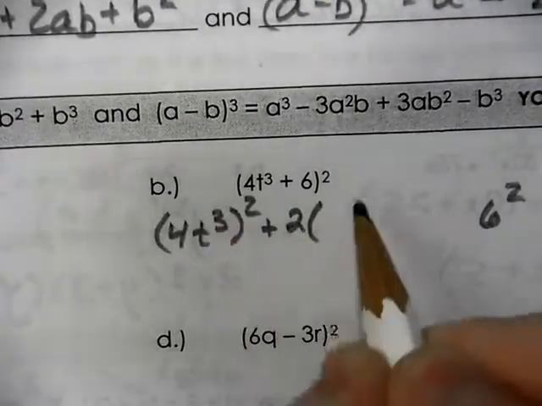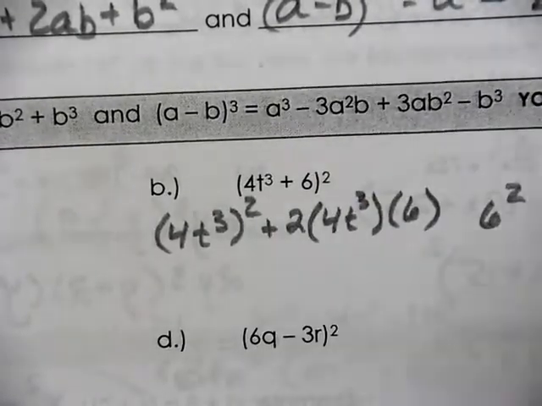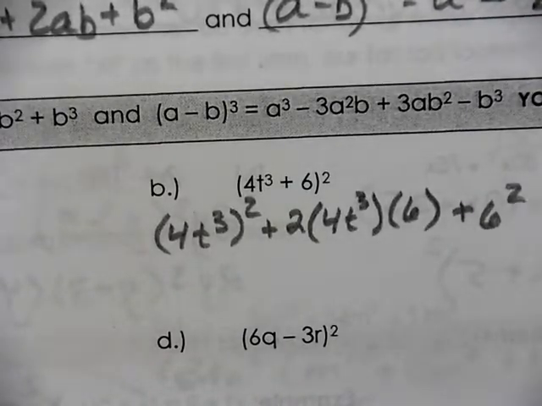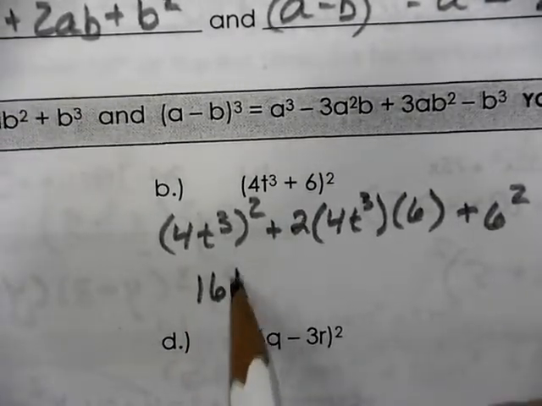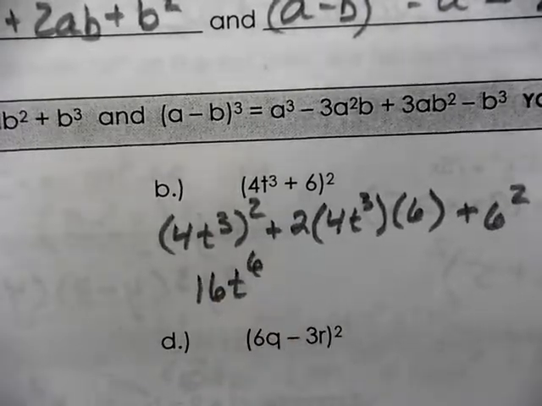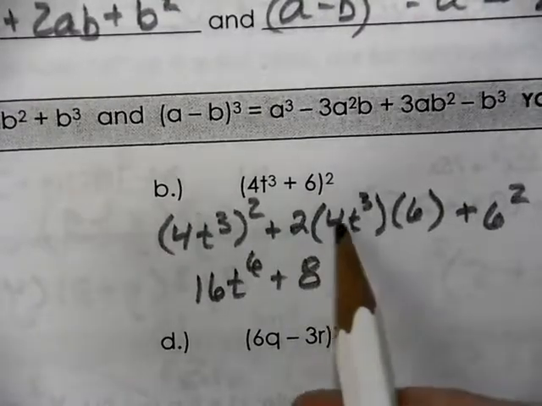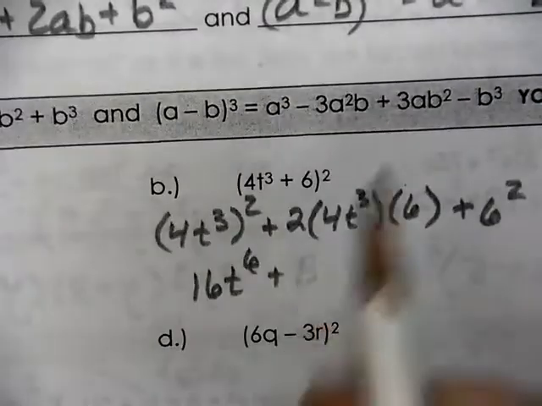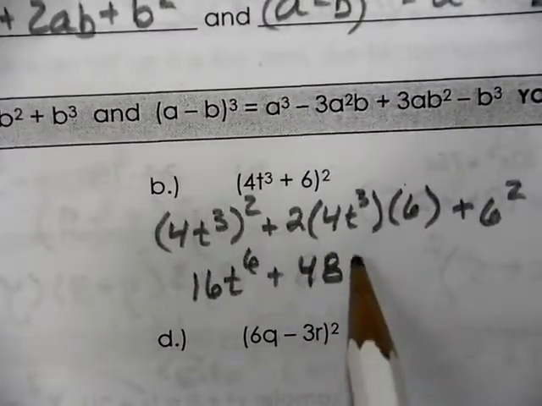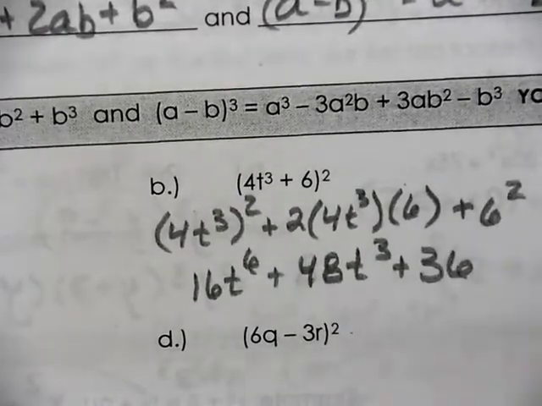It'll be 2 times those two multiplying each other, and plus your B squared. So when you square this, you square your 4 to get 16. You square your t cubed to get t to the 6th. Here we're going to say 8 times 6. It gives you 48 t cubed. And then a positive 36.